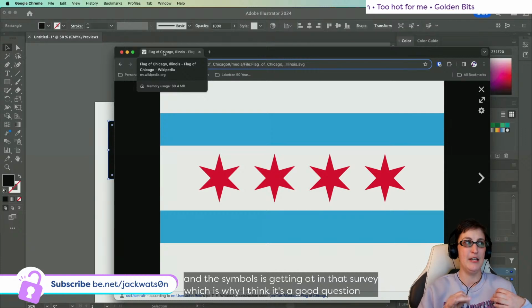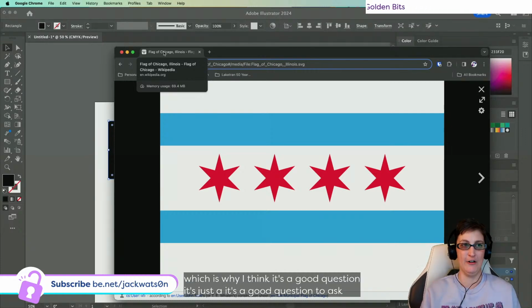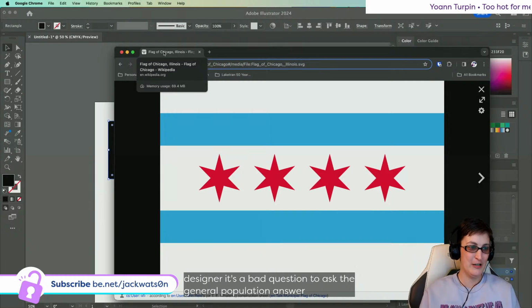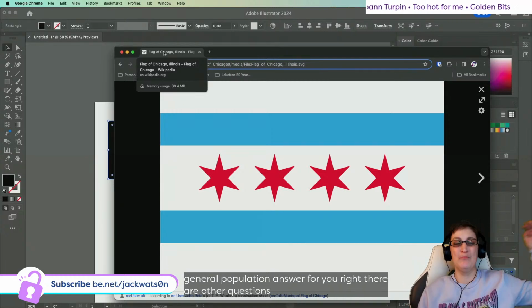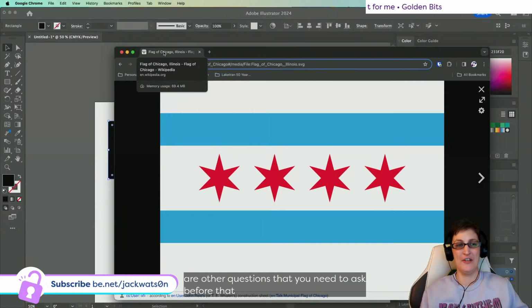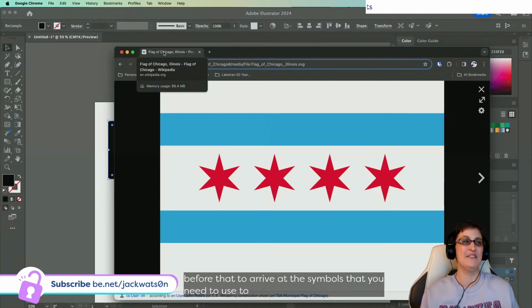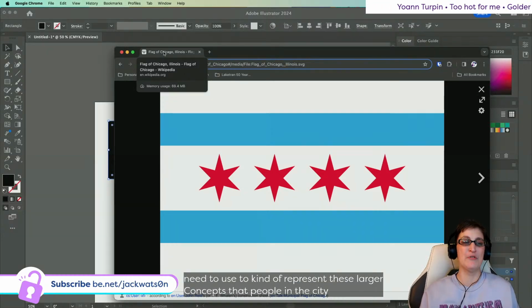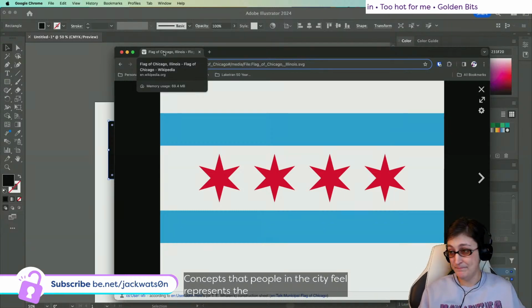It's a good question to ask as a designer. It's a bad question to ask the general population to answer for you, right? There are other questions that you need to ask before that to arrive at the symbols that you need to use to represent these larger concepts that people in the city feel represents the city, right?